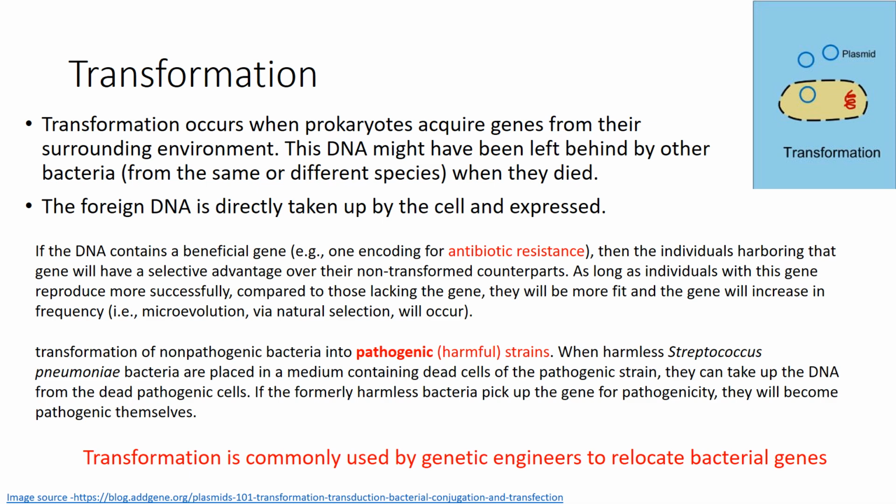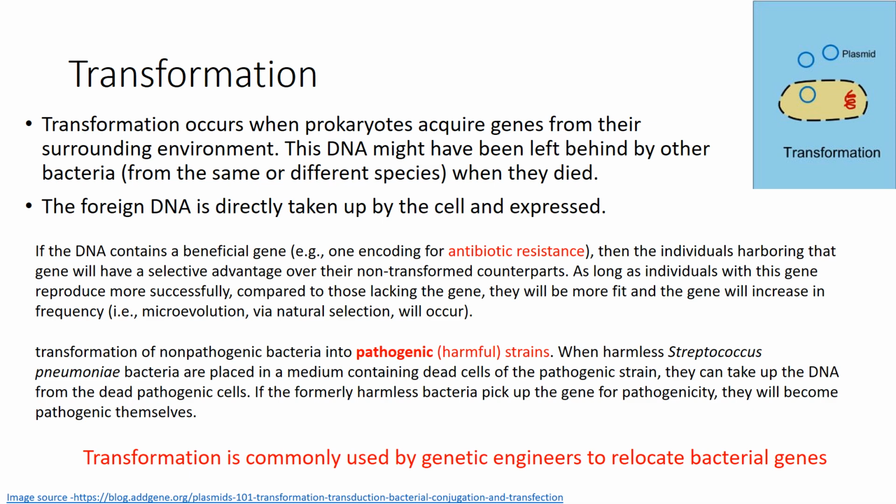Something else can also happen. That is transformation of a non-pathogenic. Non-pathogenic means the bacteria which does not cause any pathogenesis or a disease, mostly we are talking about us humans, animals. How would this happen?